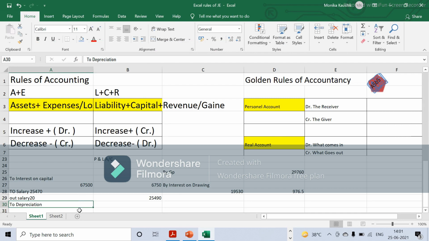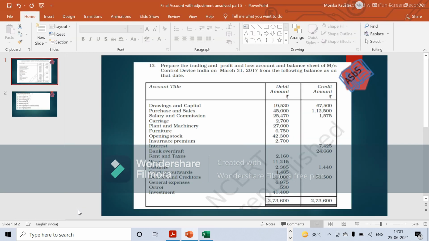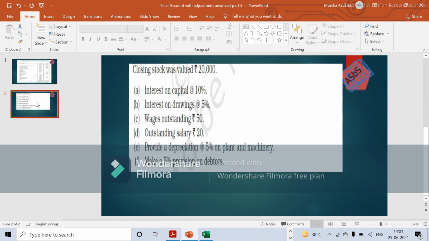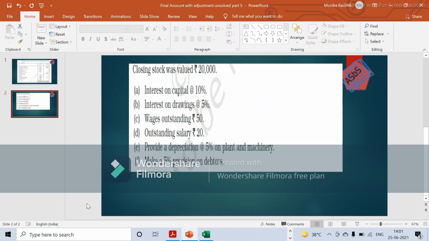So we will charge 5% on the depreciation, 27,000. Now I am going to charge 5%. Depreciation is equal to this multiplied by 5%, right? This is my depreciation.